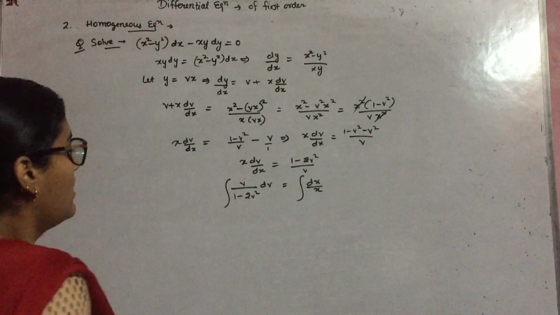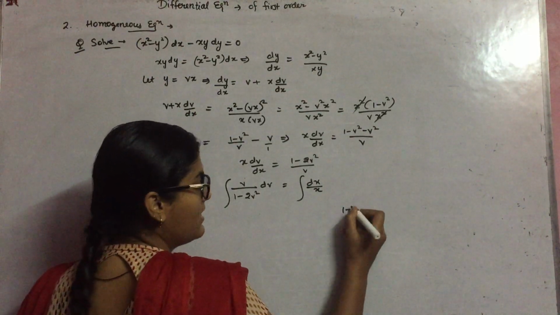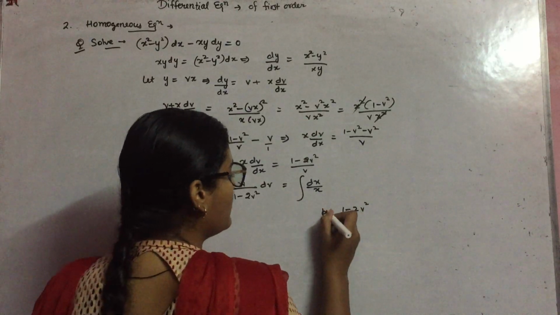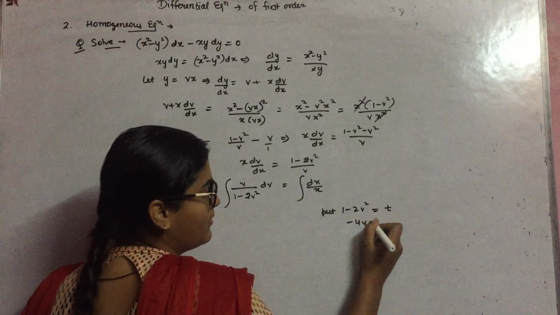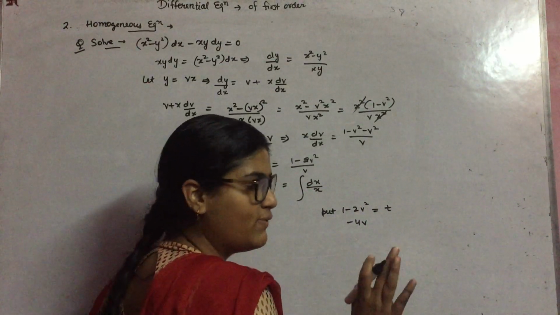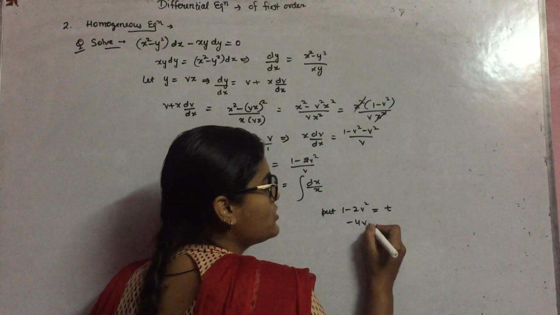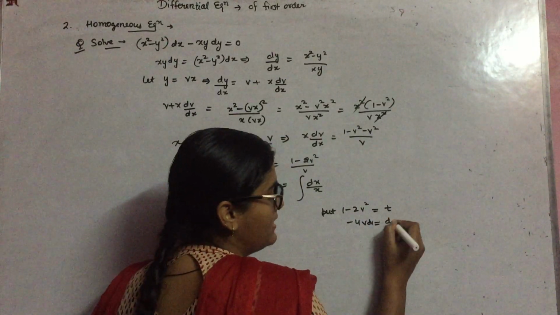Okay. For solving the left hand side, if you put 1 minus 2v square as t, what will it form? Differentiate it. Minus 1, as the differentiation of 1 is 0. Minus 2 into 2v dv with respect to v, and dt.